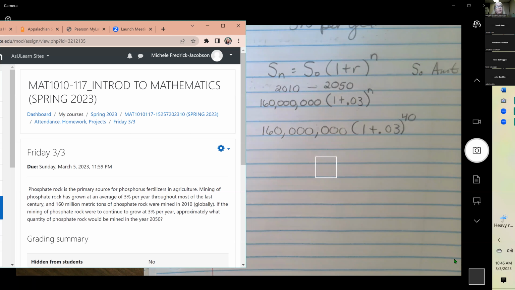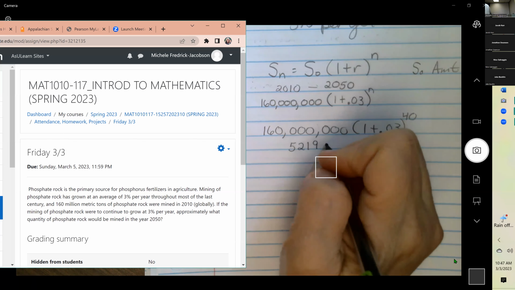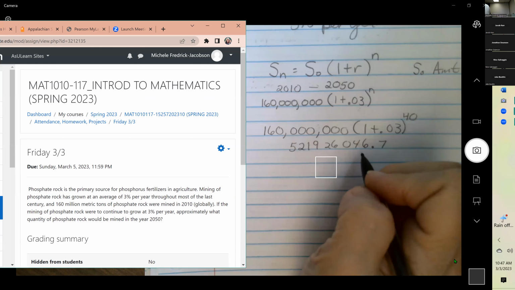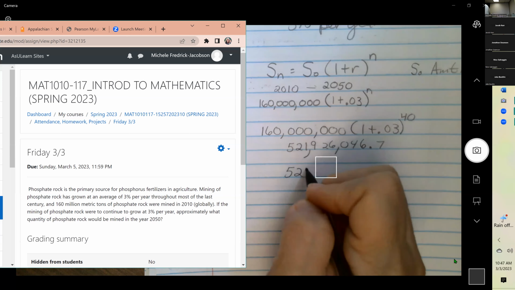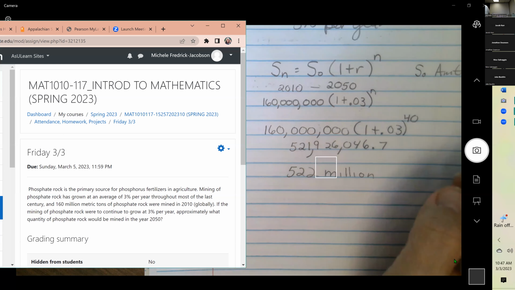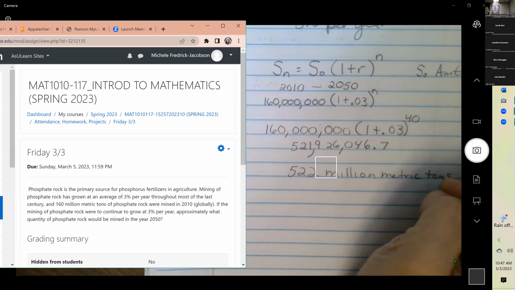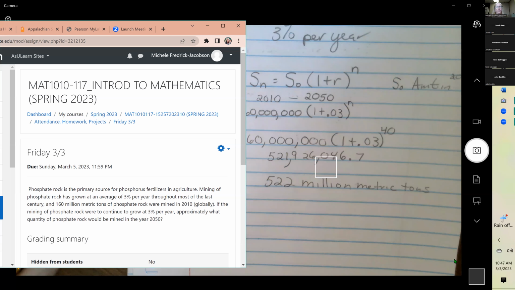Is that what everyone's getting? 522 million metric tons. Any questions on that?